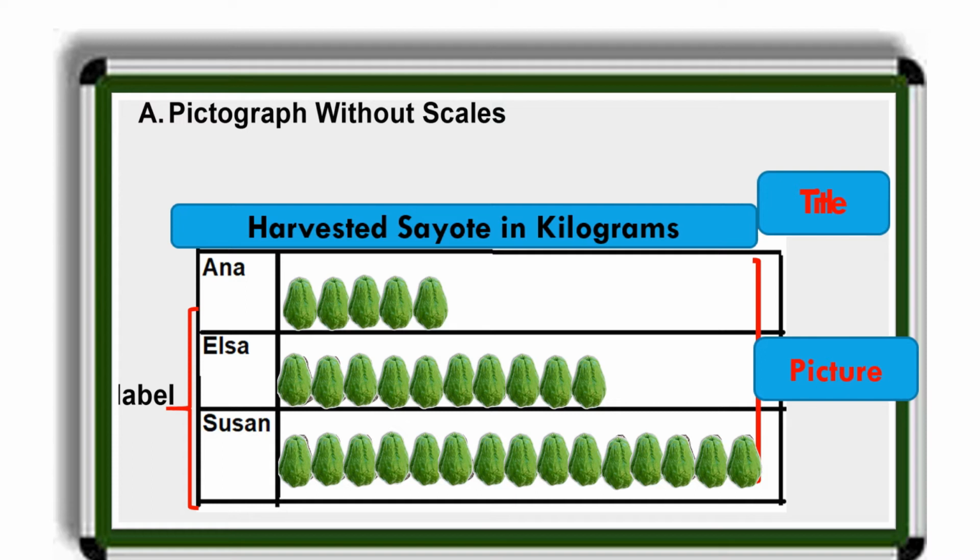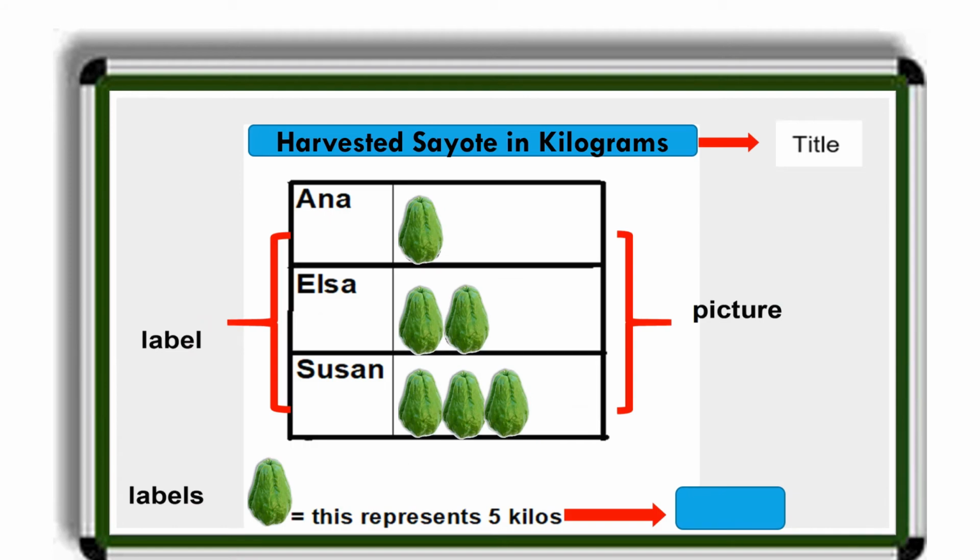Number 3 is the label. This tells us what kind of data is shown. The label gives us information about who collected the sayote. Number 4 is the scale.